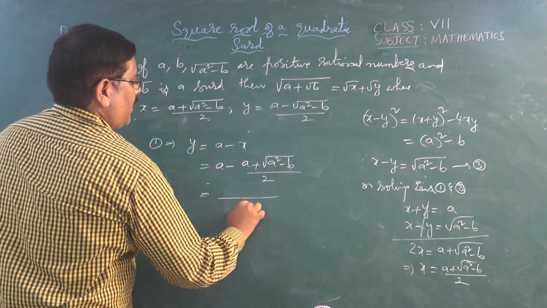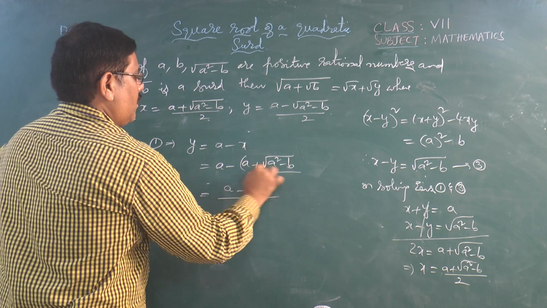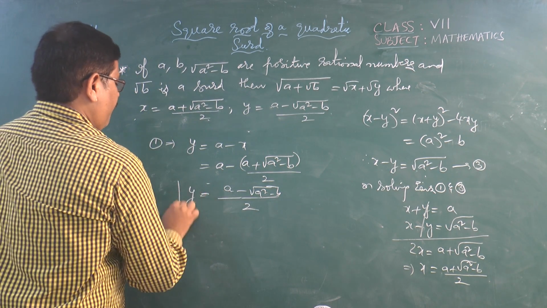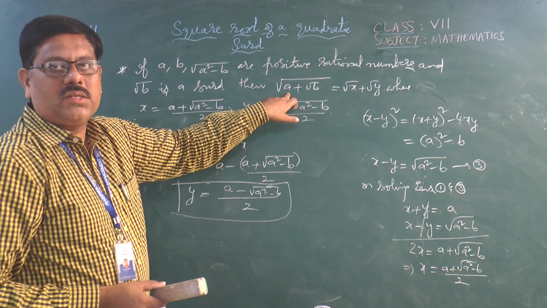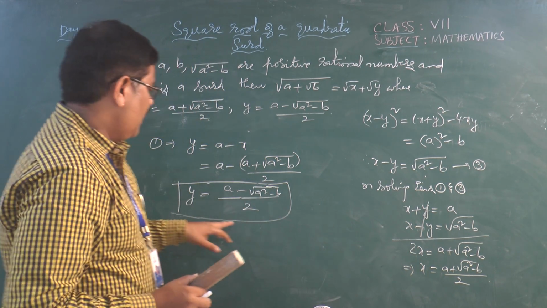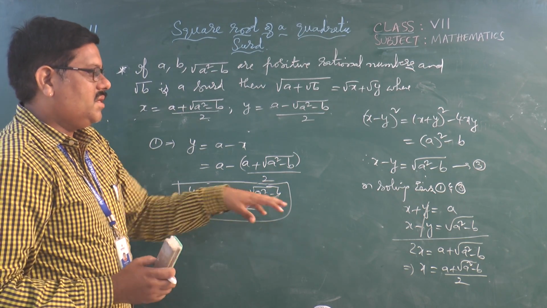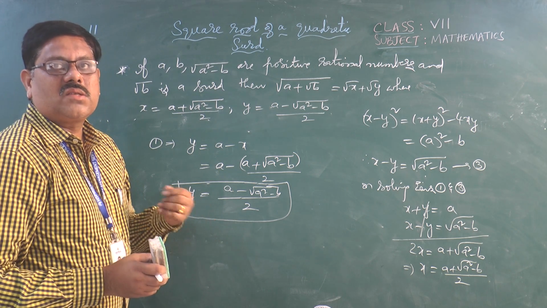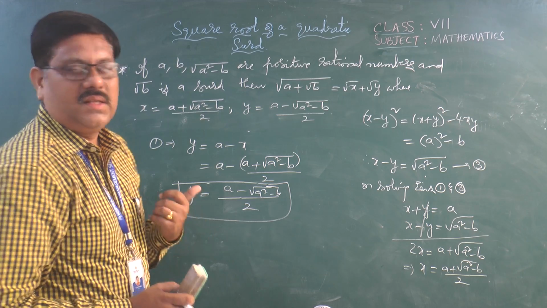So the LCM is 2 here, so it is 2a minus a, so it is a minus root over a square minus b, by 2, that is the value of y. Okay, so whenever you have root over a plus root b as root x plus root y, we got the x value as a plus root over a square minus b by 2 and y as a minus root over a square minus b by 2. Okay, so this is the proof, and as a result we can use it in finding square roots of quadratic surds. We'll see a few examples based on this.